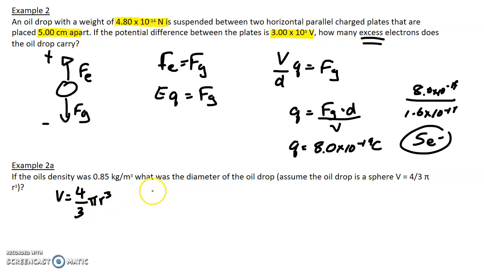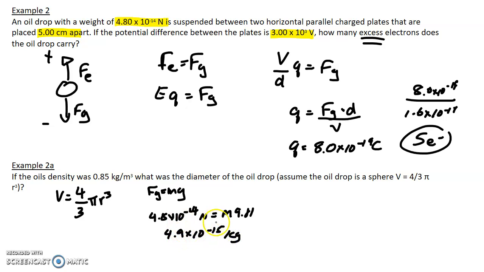So let's start with finding the mass of the oil drop first, and that's mg. 4.8 times 10 to the negative 14 newtons is equal to m times 9.81, or you wind up with a mass of 4.9 times 10 to the negative 15 kilograms. And really that's just dividing both sides by 9.81.